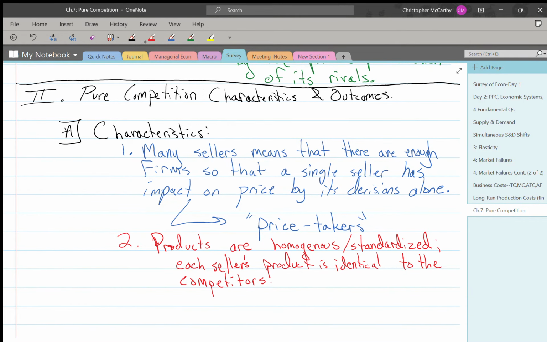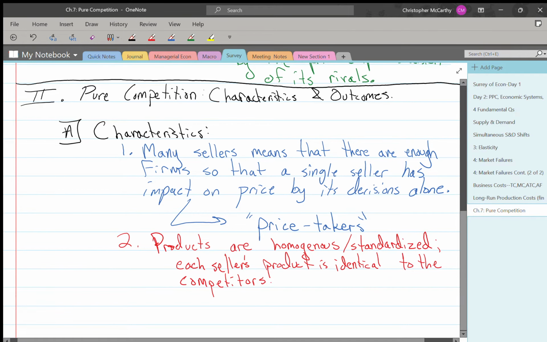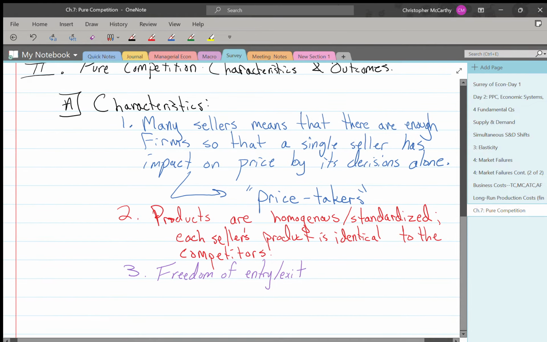We've got freedom of entry and exit. What does this mean? This means there are no significant obstacles preventing firms from entering or leaving the industry.